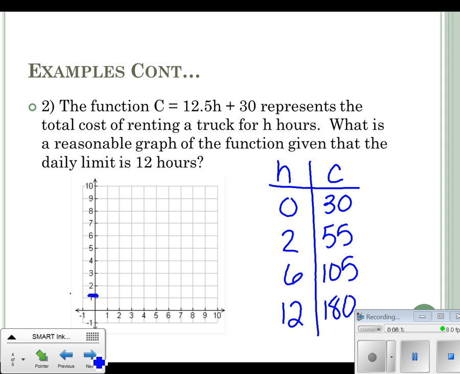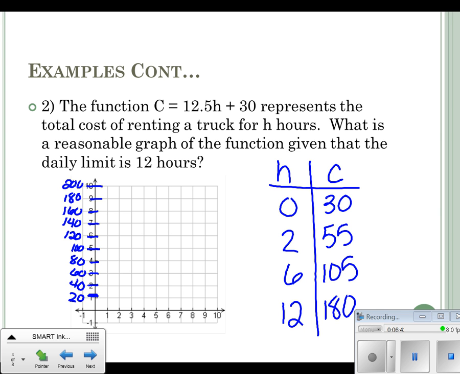So this would be 20, 40, and so on. So I have my graph going up to 200, which is perfect.